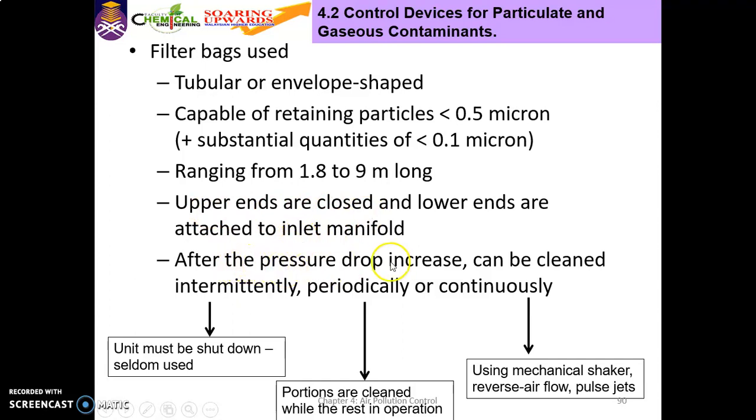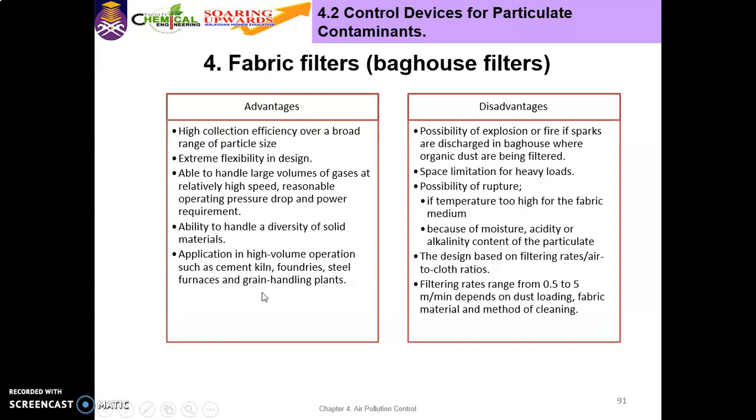After the pressure drop increases, it can be cleaned intermittently, periodically or continuously. After some time, the fabric will be full of contaminant. When a lot of dust and particulate has stuck, it will be cleaned, either periodically, intermittently or continuously.